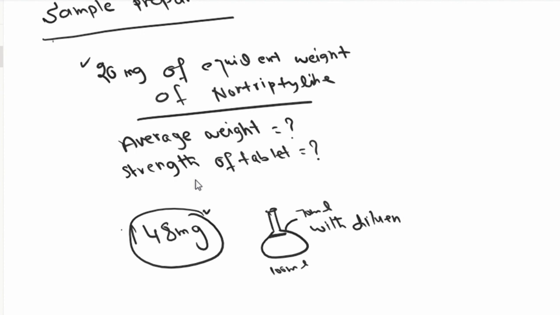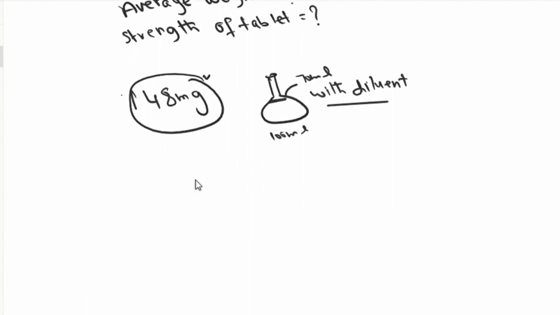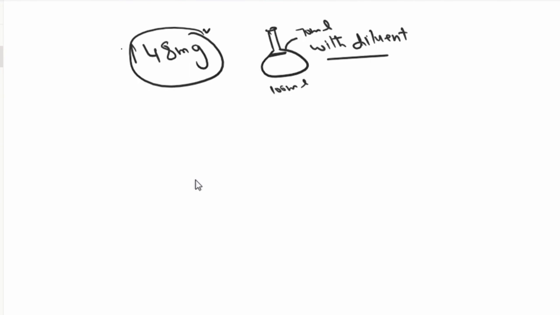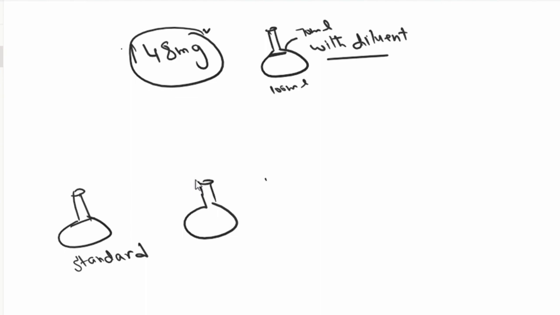When you fill up to 70 ml with the diluent, the same process can be used for whatever batches you have. If you have 5 batches, the same process can be used to prepare the solutions. Let's say you have 3 batches. The first one is the standard, and then you have 3 sample batches, 3 different batches of medicine.